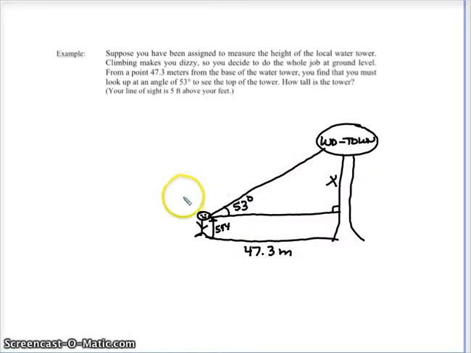From the angle, I'm looking for the opposite, and I know the adjacent. Opposite and adjacent tells me tangent. So I'm going to use the tangent of 53, which is equal to x over 47.3.